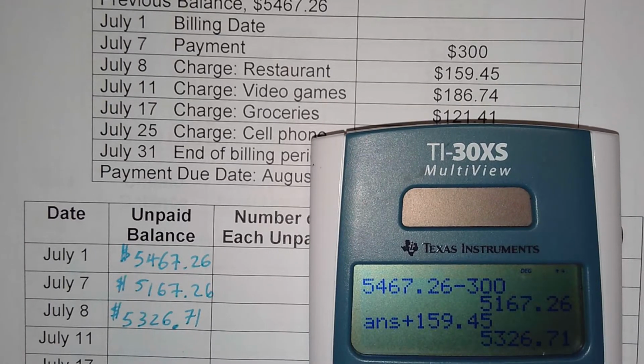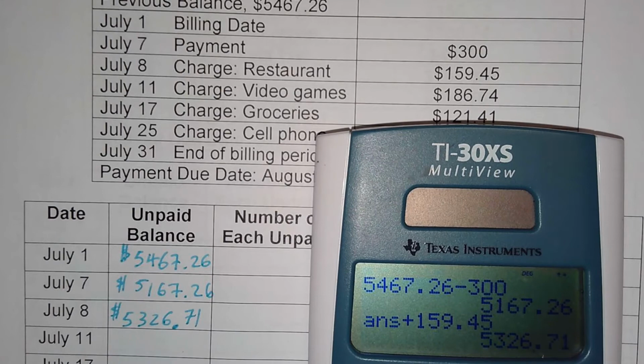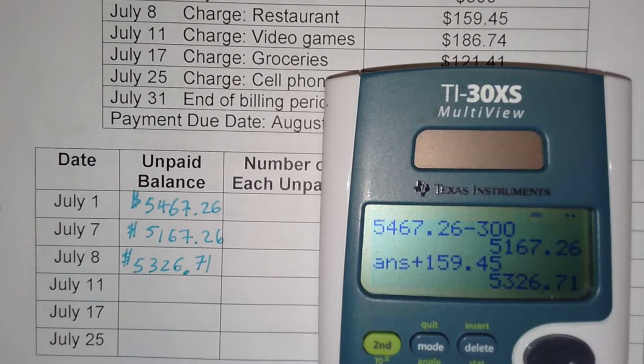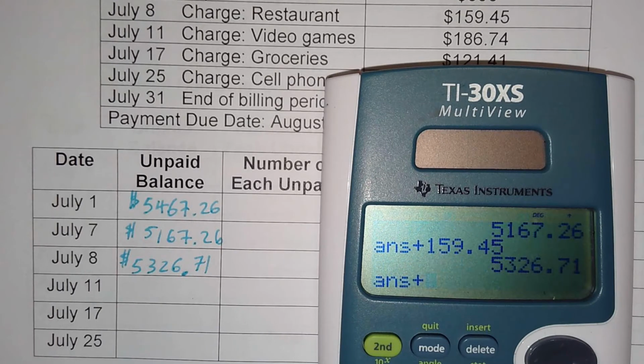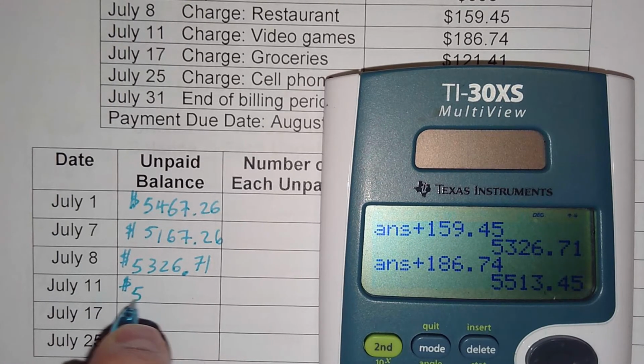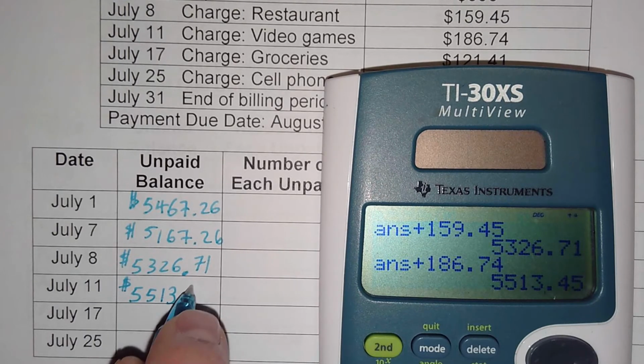We have a charge for video games for $186.74, so again, we add that. So it'd be $5,513.45.